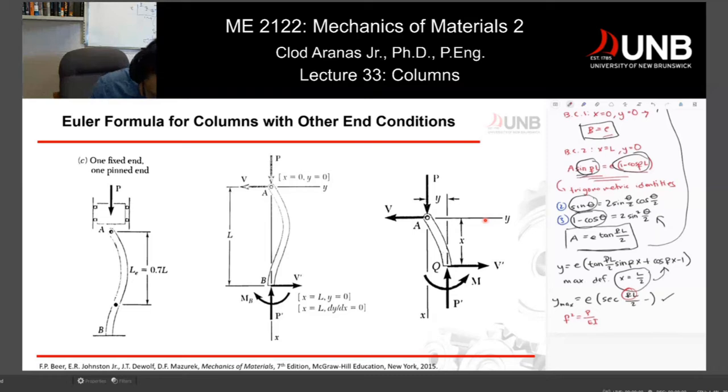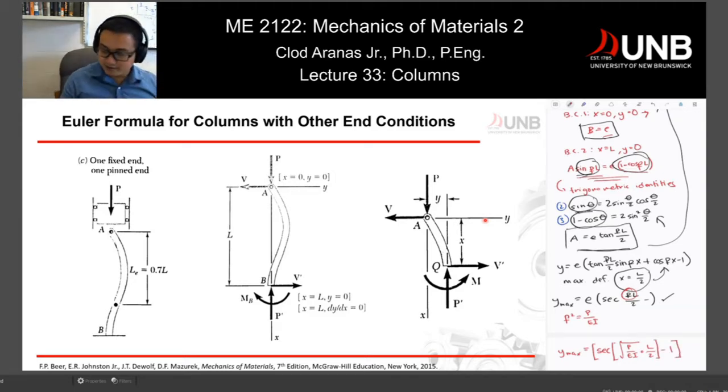Once we substitute this back, we have Y max is equal to secant of this equation, the square root of P over EI times L over 2. There's L over 2 right there. Minus 1. So we are going to get this equation here.